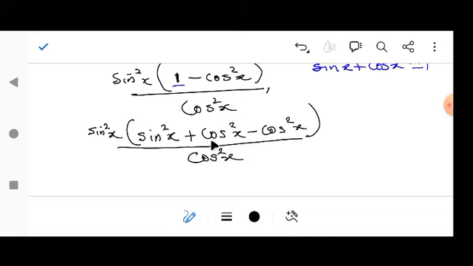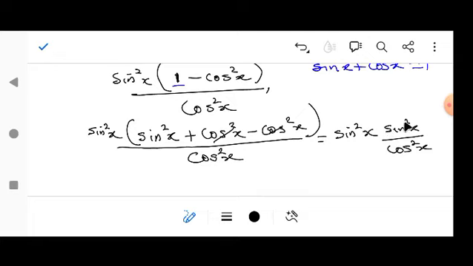Now you can see that automatically these and these can cancel out, so we are left with sine square x here. Then what is remaining here is another sine square x upon cos square x.